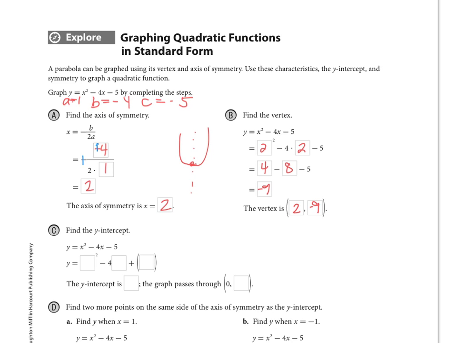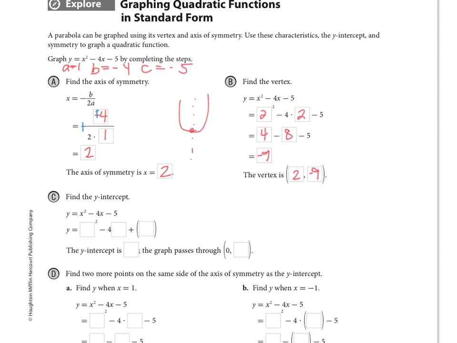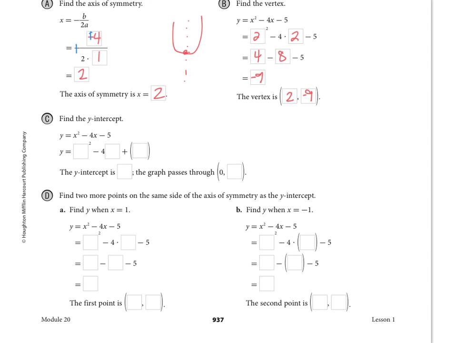Now it says find the y-intercept. In just a second I'm going to show you a shortcut, but how does it ask you to find the y-intercept? The y-intercept is when x is 0. So I put 0 in here, and this is a -5 right here. So what is the y-intercept? Well, all this just goes away, and you get -5. Now, this is important.